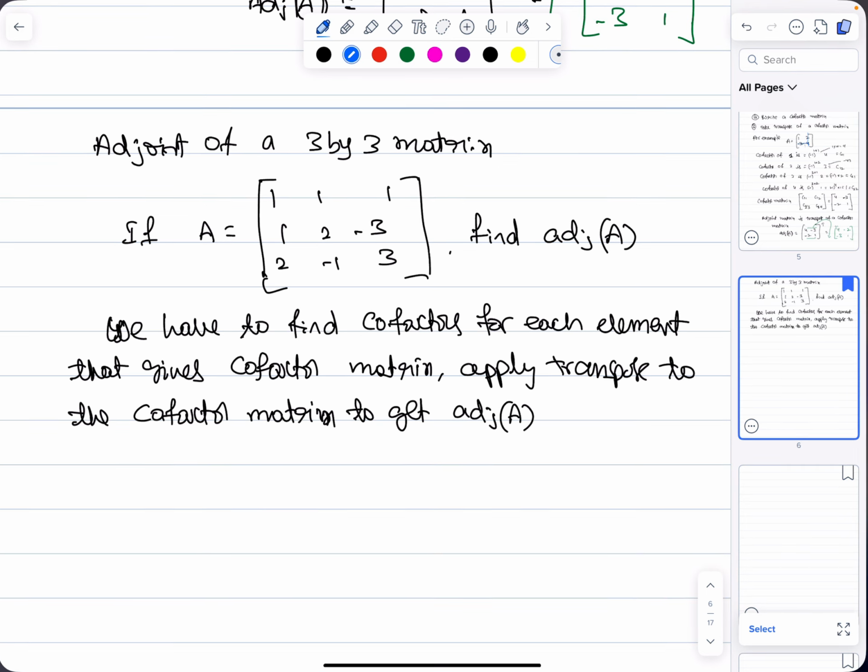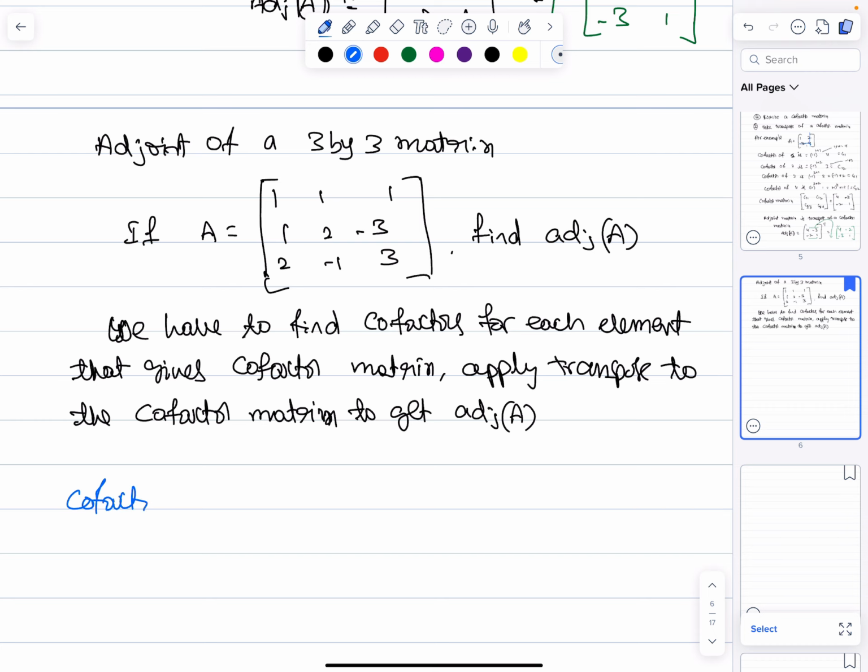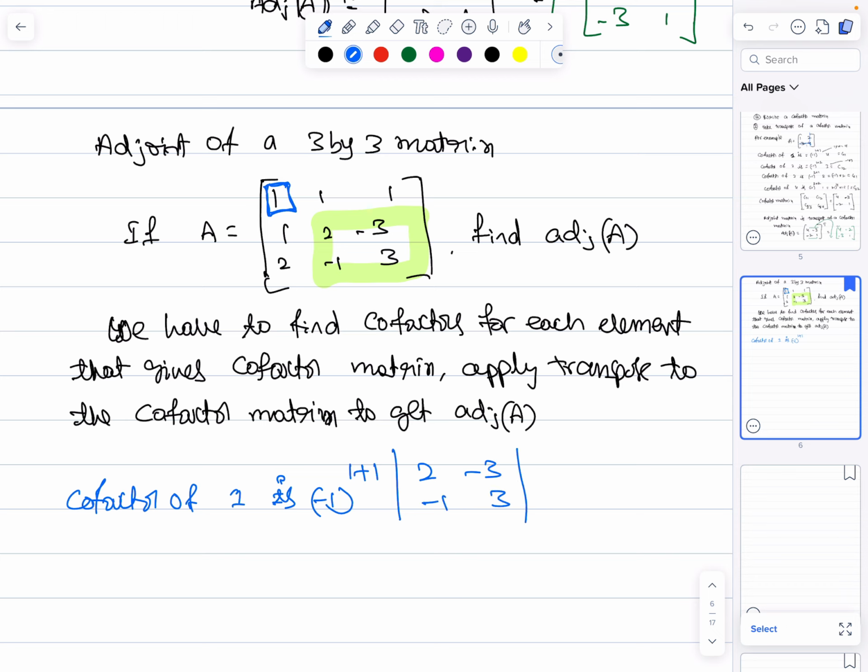So the cofactor of 1, that is the first element, first row, first column. Whenever you are finding first row, first column, you should focus on the submatrix by ignoring the first row and then the first column. That is minus 1 whole power 1 plus 1, because this 1 is in the first row, first column, into the submatrix 2, minus 3, minus 1, 3. This is giving minus 1 whole square.